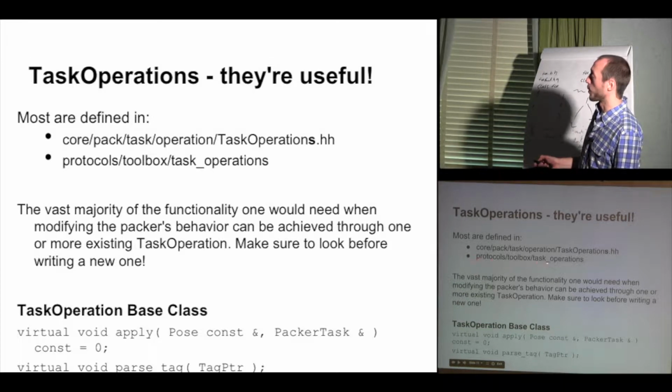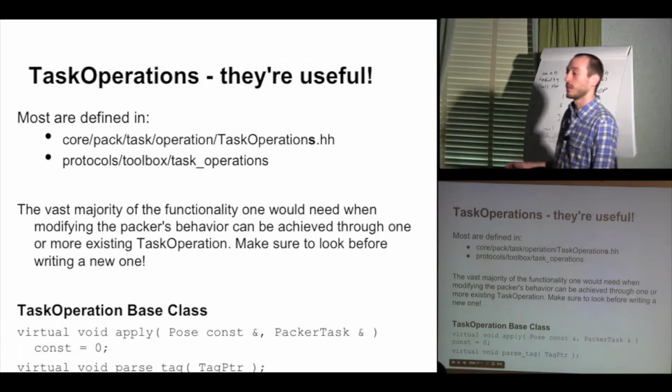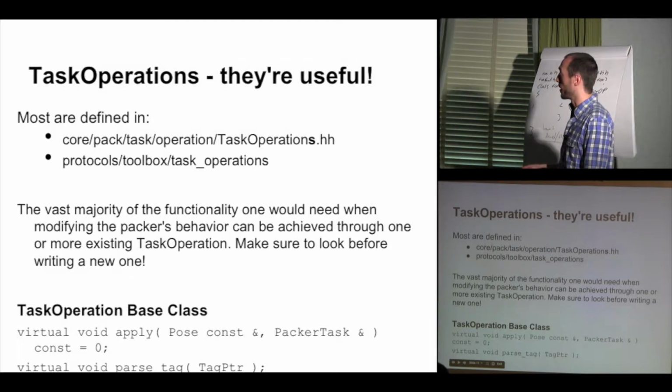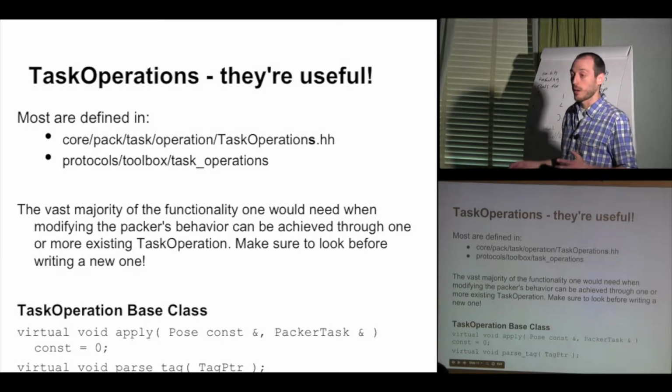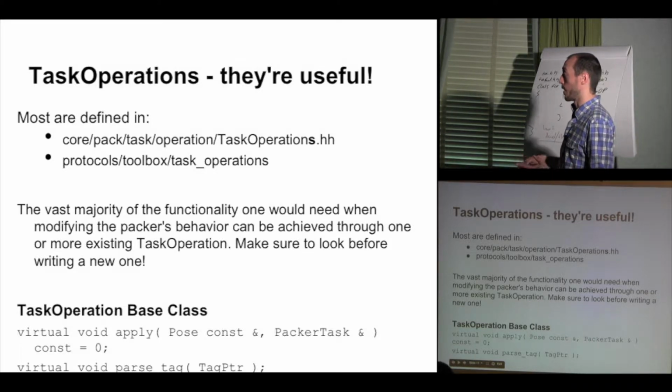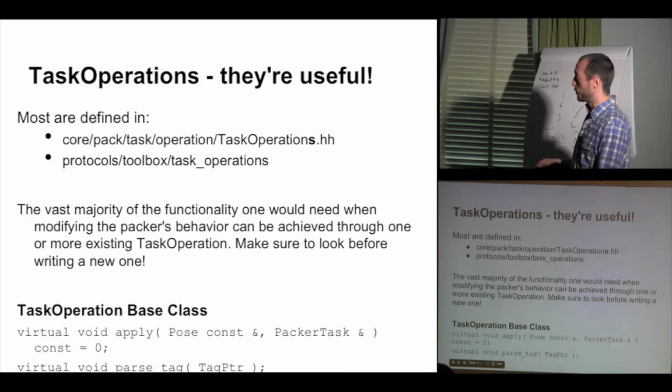And then protocols toolbox has a task operations folder, and this contains quite a few task operations. Most of the functionality that you might need the Packer to do has probably been implemented in some sort of task operation. So make sure you look around before you just go implement something, to prevent some duplication of code.